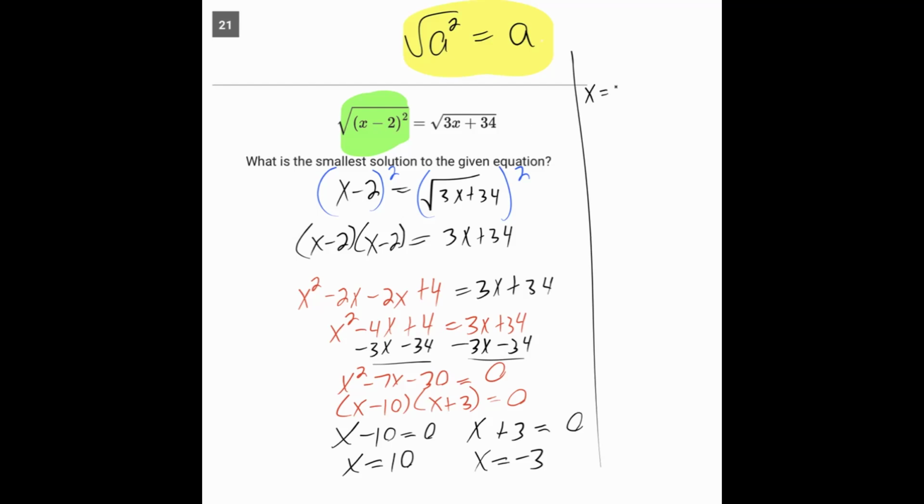If x equals 10, we'd have square root of 10 minus 2 squared, so 8 squared, which is 64, equals square root of 3 times 10, 30 plus 34, which is 64. So that's pretty good. And if x is negative 3, we'd have square root of negative 3 minus 2, which is negative 5 squared, equals square root of 3 times negative 3, negative 9 plus 34.